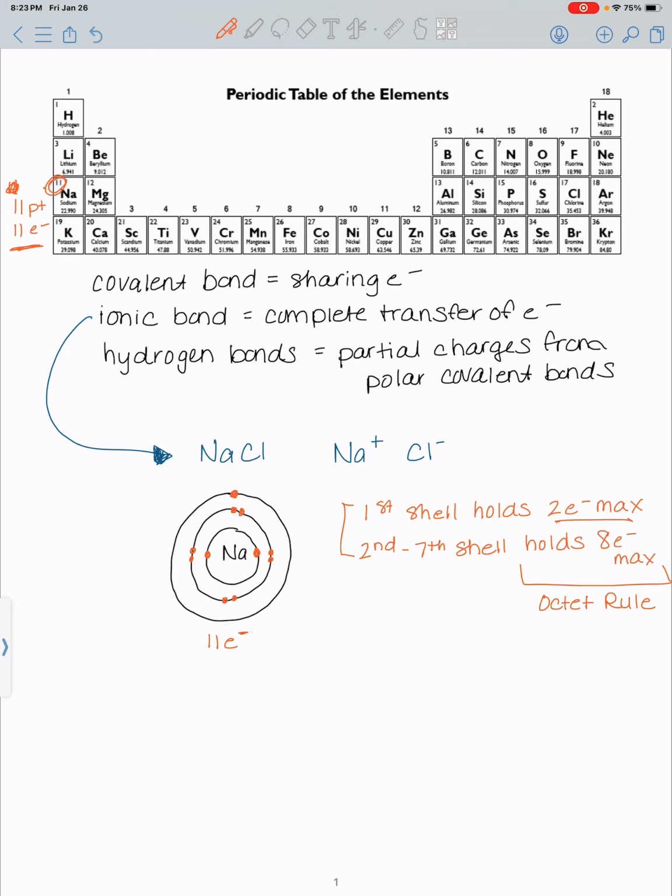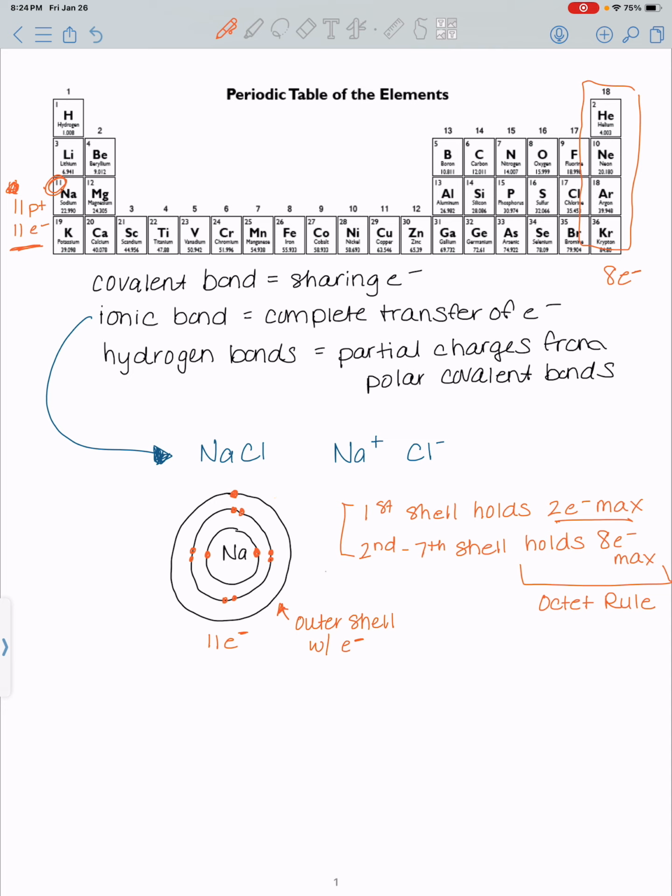The octet rule says that even though there's a max of 8 electrons, atoms and elements that have 8 electrons are happy. They're stable. If we look over here at the noble gases, all of these have 8 electrons in their valence shell. Again, the valence shell is the outermost shell that's actually holding electrons.